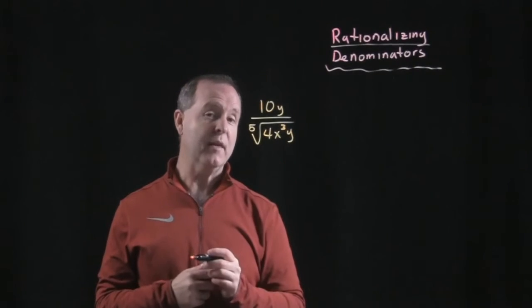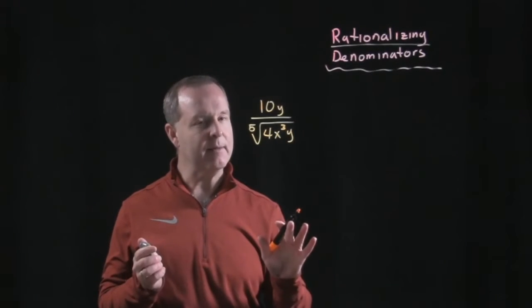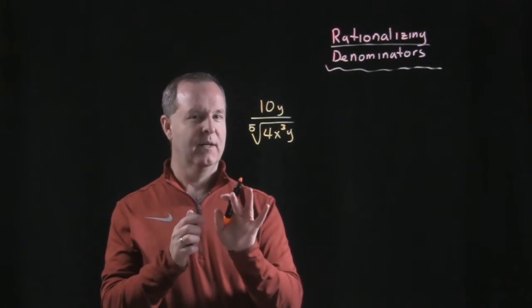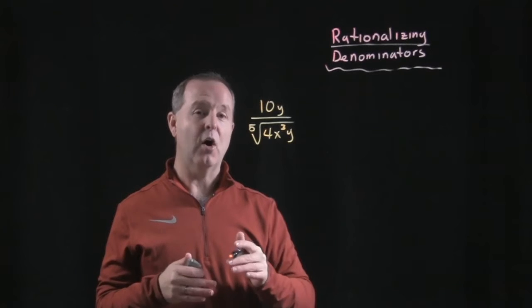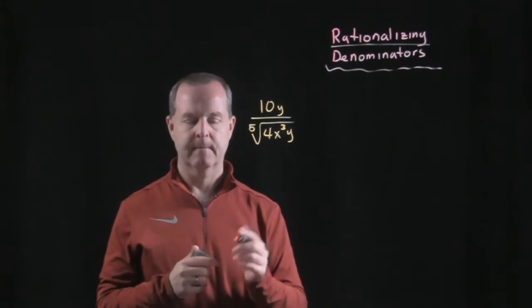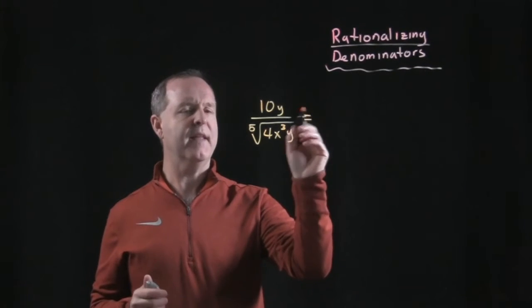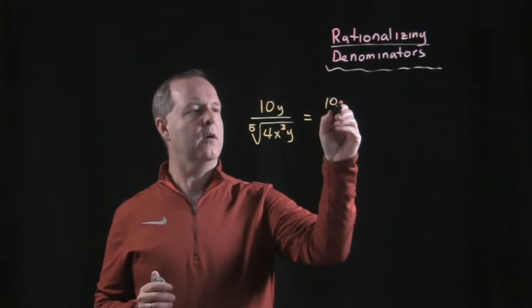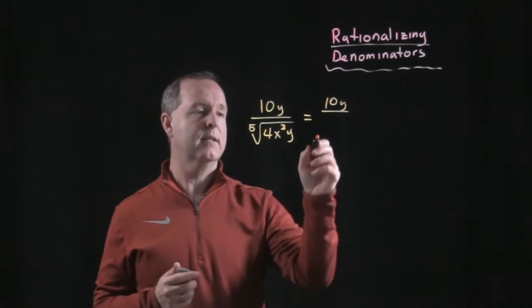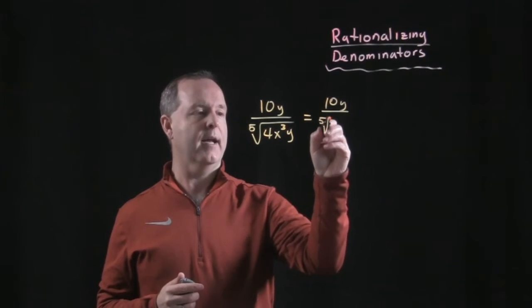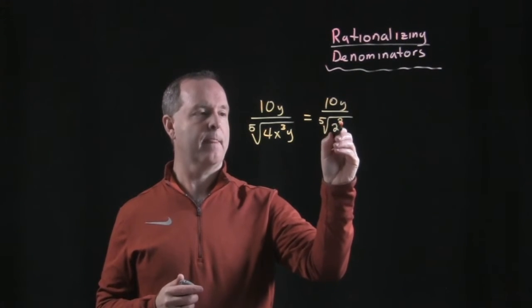One with a 5th root in the denominator, so I need to be thinking about 5th root world. What's the perfect number that will make the denominator all become perfect fifths? So let's go slowly. One thing I might do first is rewrite the denominator. I notice there's a 4 in here, and 4 is also the same thing as a 2 squared.